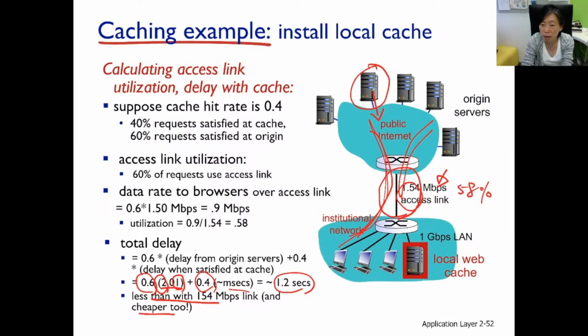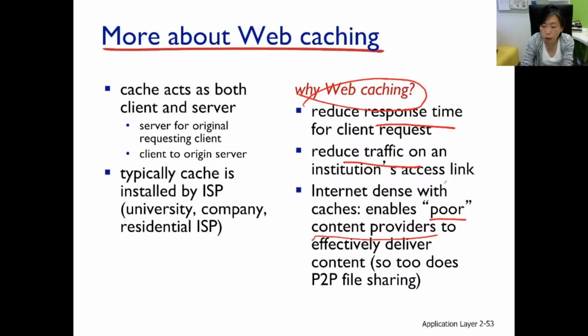Then reducing the amount of traffic going this way also saves poor content providers some resources, some money. And so web caching also helps the poor content providers to deliver content, all right? And this could be a good thing because most of the NGOs might also have information to disseminate, but they couldn't provide good uplink bandwidth.